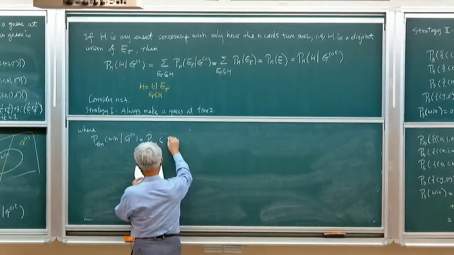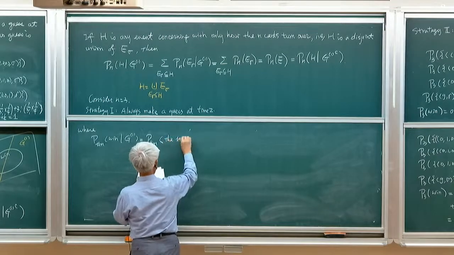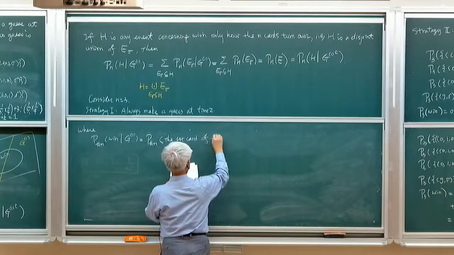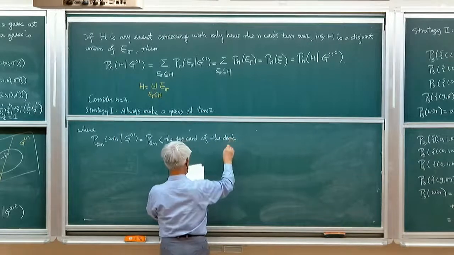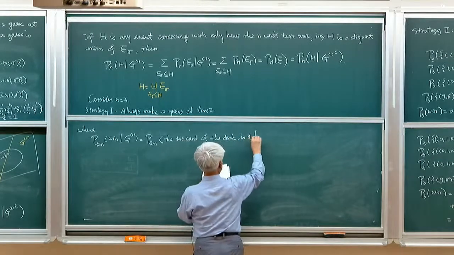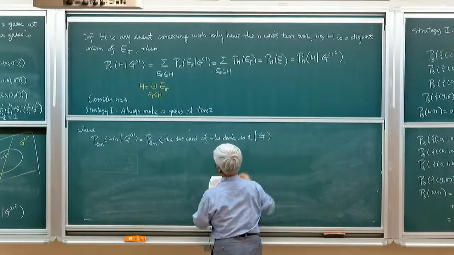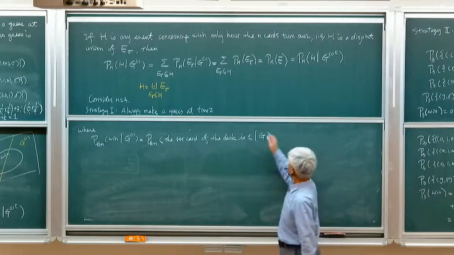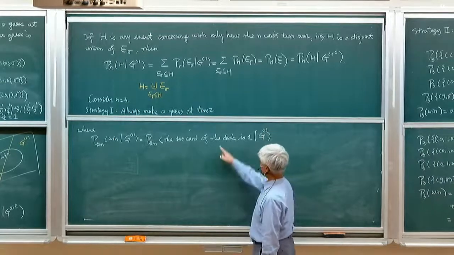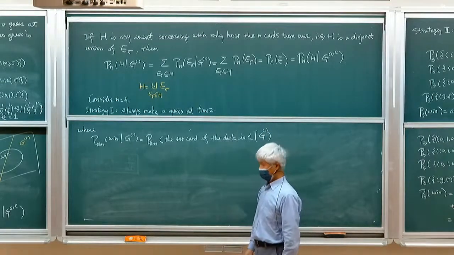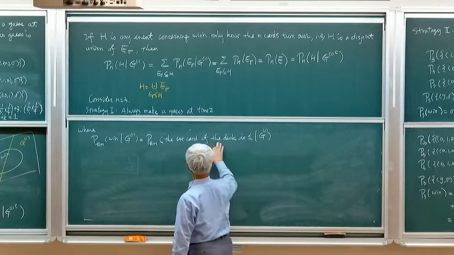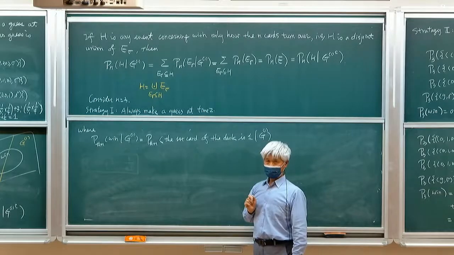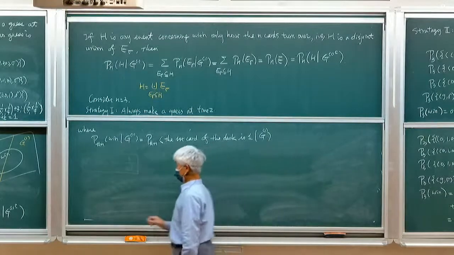So that means that the first card of the deck is 1 given G1. Okay? So the first card of the deck is 1. All right, and remember, it's an event. So this is an event.